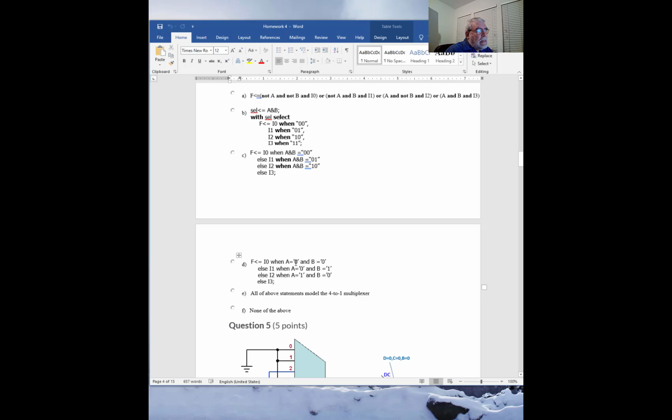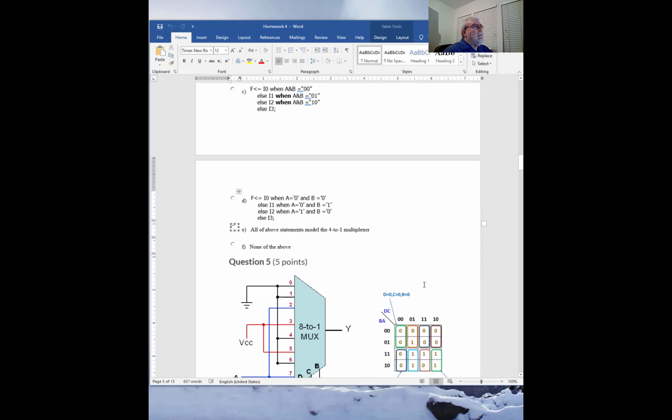If you pay attention to this, you will realize that it's exactly the same thing. So I0 when both A and B are 0, I1 when I have A0 and B1, and so on and so forth. So the answer here is that all of the above statements correspond to the 4-to-1 multiplexer.